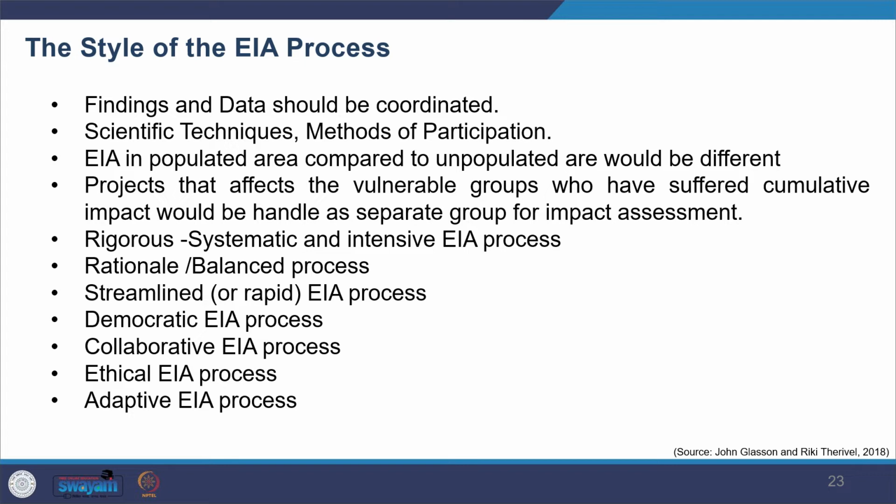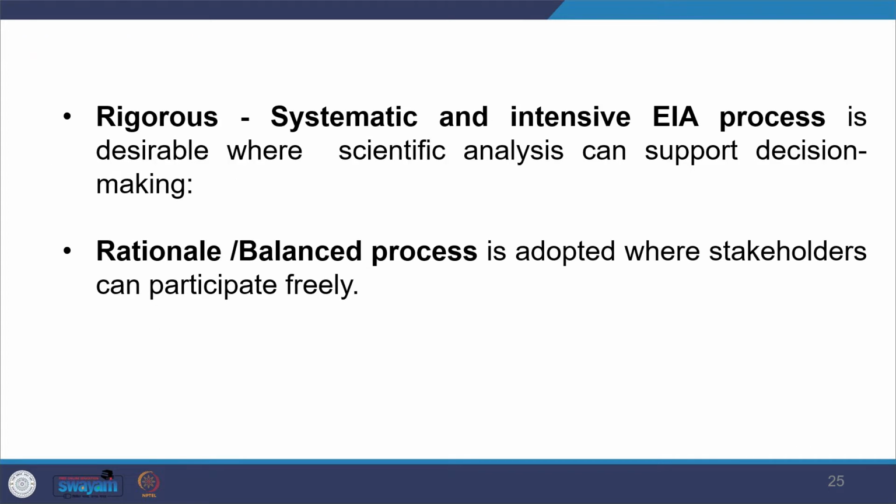As per the textbook given here, you find certain styles of EIA. Certain ones are very rigorous, where a systematic and intensive EIA process is desirable, especially when you have to undertake scientific analysis to support the decisions being made.